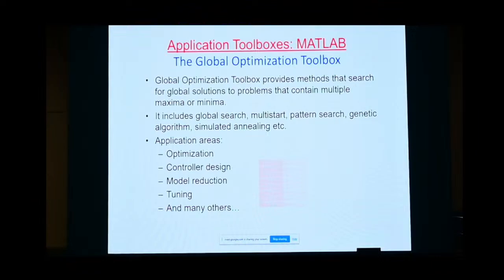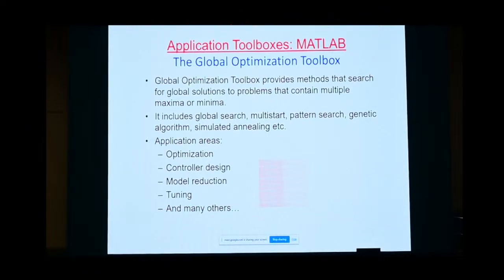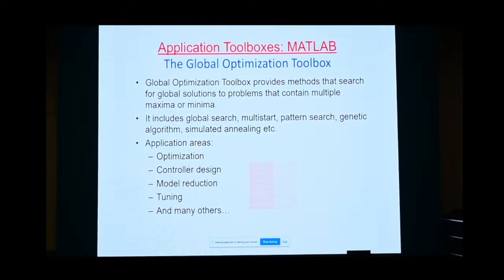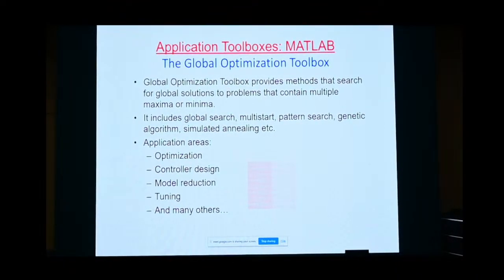Instead of GA, if you write PSO, the PSO program will be implemented in that case. The global optimization toolbox provides methods that search for global solutions to problems that contain multiple maxima or minima. For a complex problem like this, you can apply this toolbox.